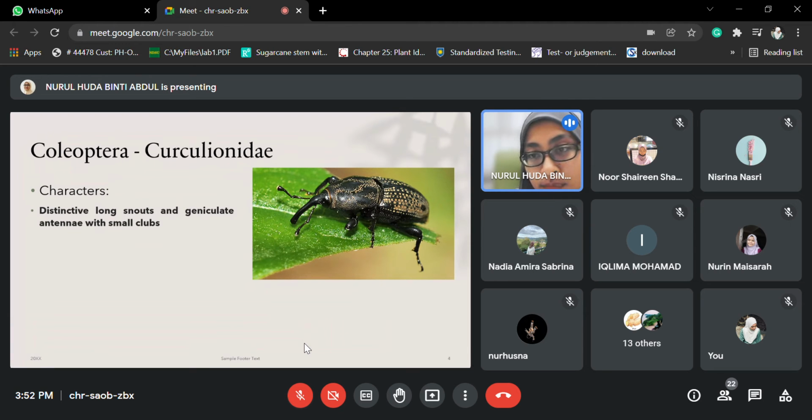If you look at this picture, the femur is enlarged compared to other parts, which are more slender. The femur is a bit enlarged, especially at the distal end that connects with the tibia. Other than that, anyone?